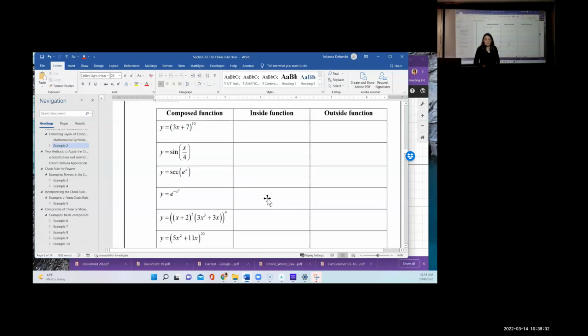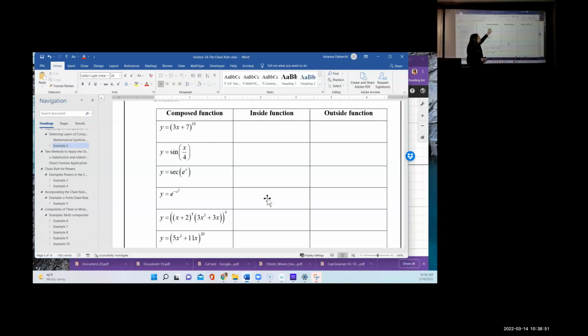So we want to practice pulling apart these composed functions. So when I look at (3x + 7) raised to the 10th, I see two things. I see parentheses as a grouping symbol, grouping two terms, 3x and 7. And I see that group raised to a power.